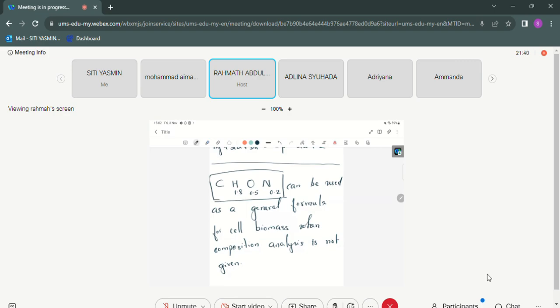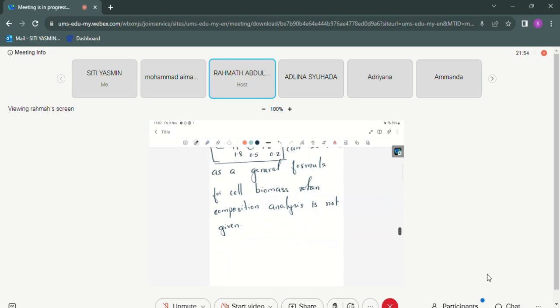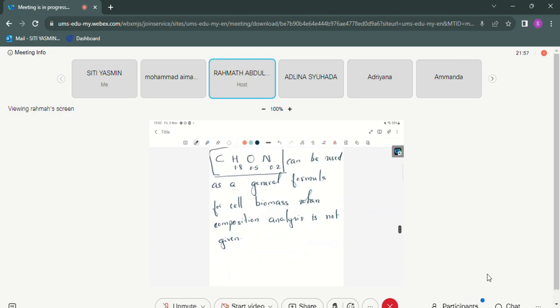Now, I want everyone to calculate the molecular weight of this biomass CH1.8O0.5N0.2. Can you calculate the weight? Okay, I'll give you the molecular weight of each one. Carbon is 12, hydrogen is 1, oxygen is 16, and nitrogen is 14.